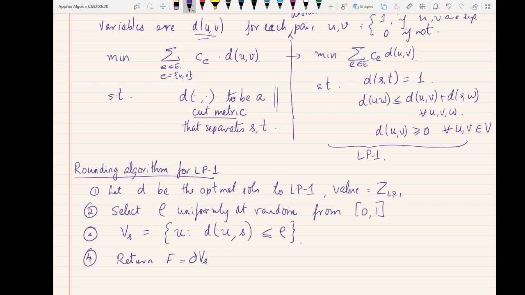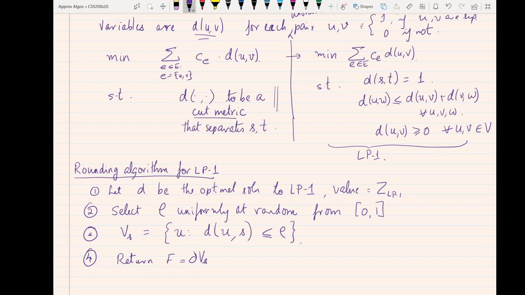Okay. So the point is, the solution to LP1 as written need not be a cut metric, but it is still some sort of metric. So it gives us some indication of what the distances between the points should look like, although these might be fractional values. And now to convert that into an integral 0, 1 assignment, what we do is look at the vertices that are close to s.